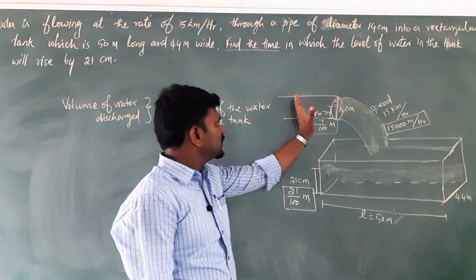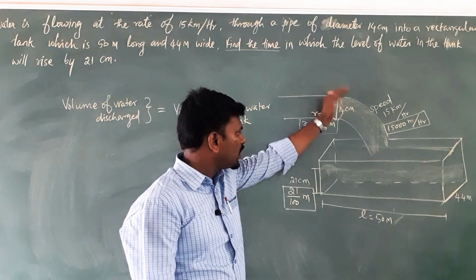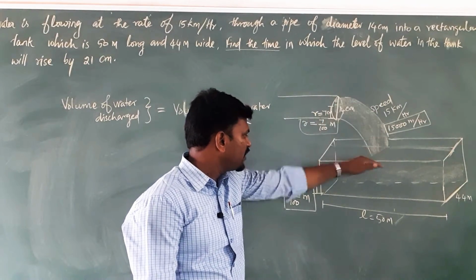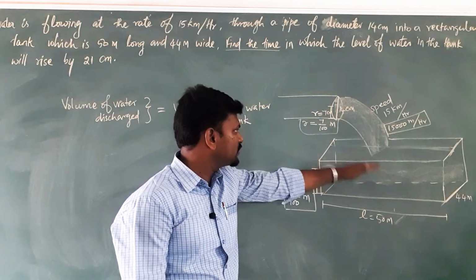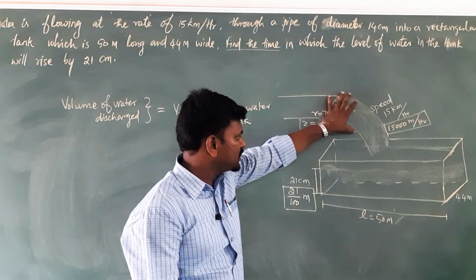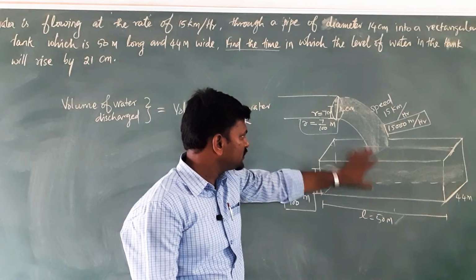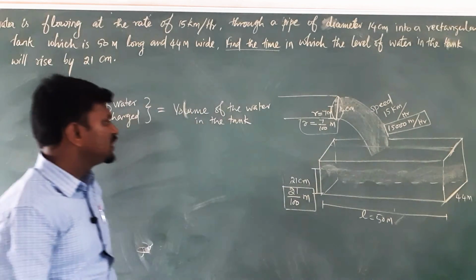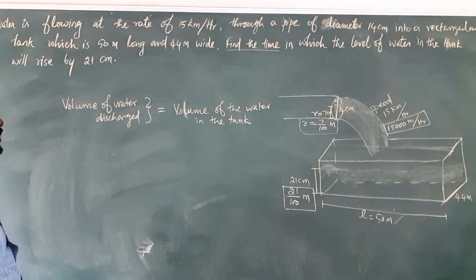Definitely the amount of the volume of water discharged from the pipe will be stored in the tank. So the water discharged will store in the tank. So this volume will be equal to the volume of water in the tank.